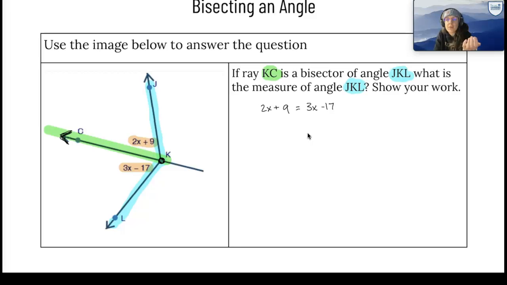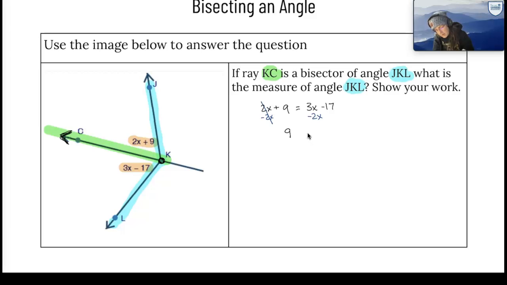Now we're going to solve for x, which is the same thing that we've been doing. We're going to subtract 2x from both sides so that we can cancel this out. The reason we're using the 2x is because then we're going to end up with a positive x on the other side, which makes it easier by eliminating the need for negatives.